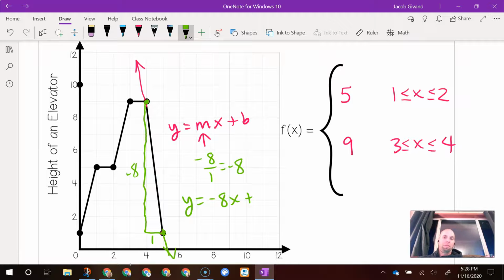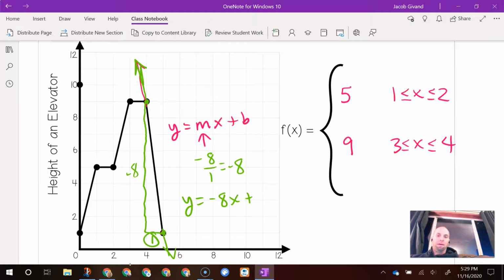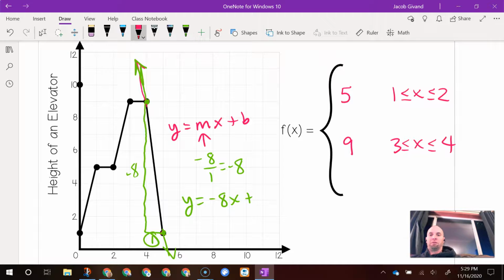Because as we go back this direction towards the y-axis, we know that every time we travel over 1, it's dropping 8. So we're kind of going backwards. So we know that to go from here to the last point up here, as you go over 1, it's going to go back up 8.